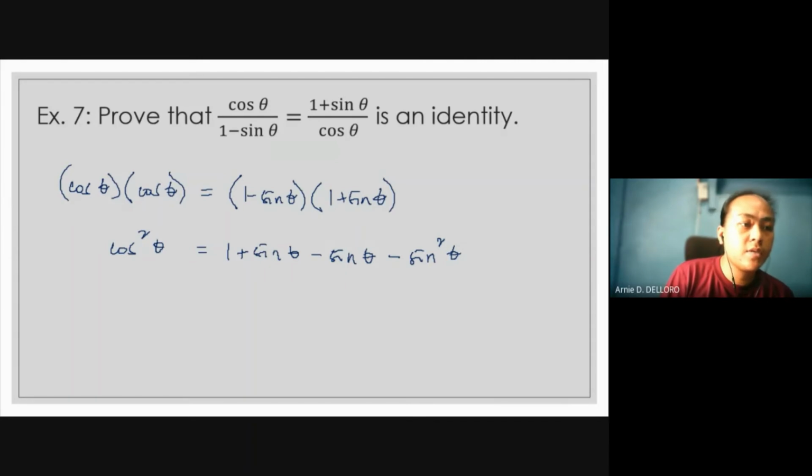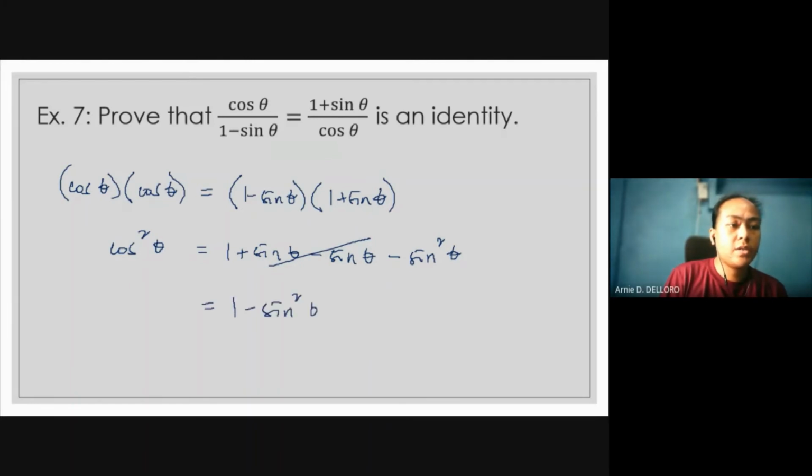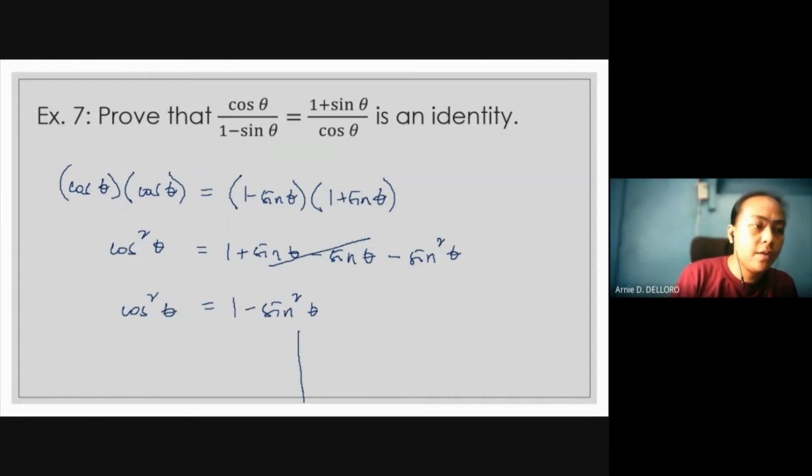So maka-cancel yung sine theta minus sine theta, kasi 0 yung sagot. So we have 1 minus sine squared theta. Okay? We have two possible answers. Either we express cosine squared theta as 1 minus sine squared theta.